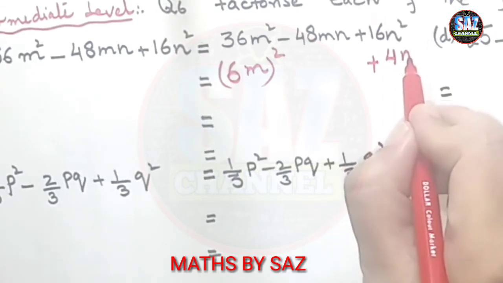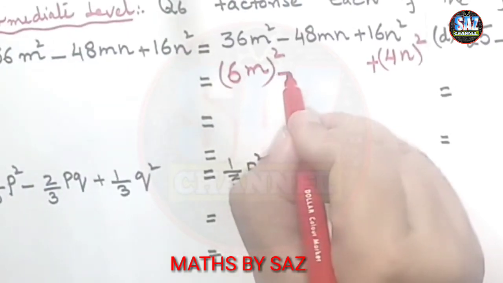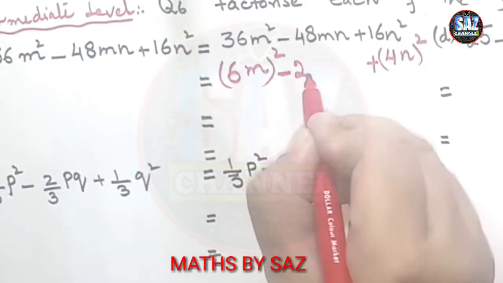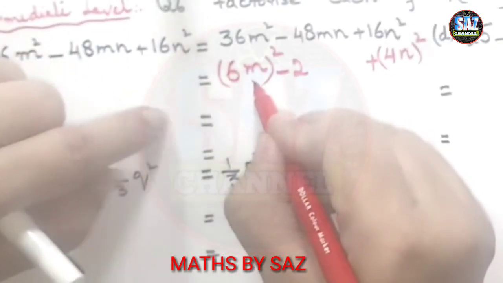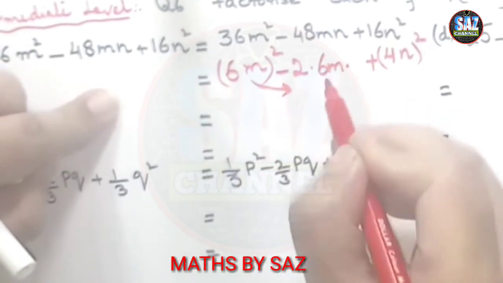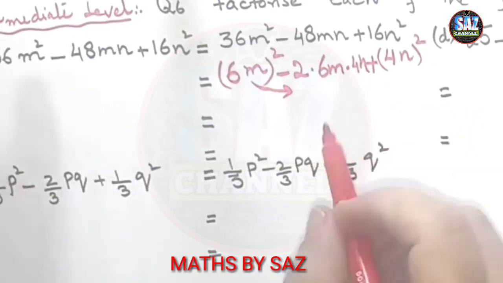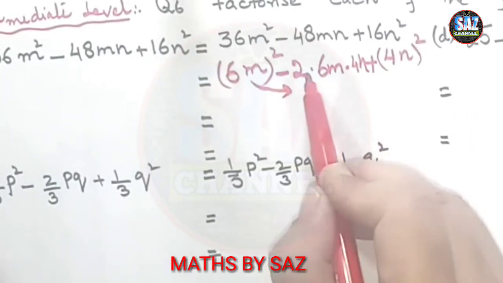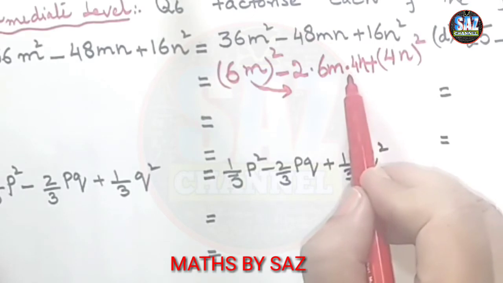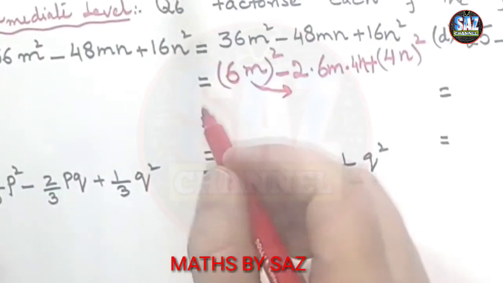That is 4n whole square. Coming to the middle place, minus 2 from the formula, and a from the first place, that is 6m, and b from the second place, that is 4n. If in our mind we multiply these three numbers, 6 multiplied by 4 is 24, multiplied by 2 is 48, I can get this number back.